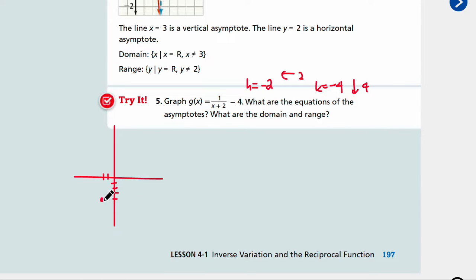And so that would be our new origin. And that should be in your mind because our graph does not include this point. But that is where your horizontal and vertical asymptote would meet.